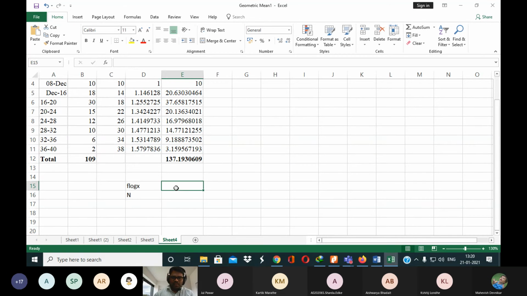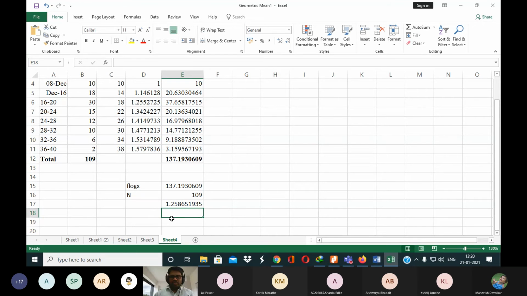So you know the f of log of x, you know the value of n. Now put this value into the formula. So n is 109, and you need to find the anti-log of the division value. Here we need to divide 137.19 by 109.